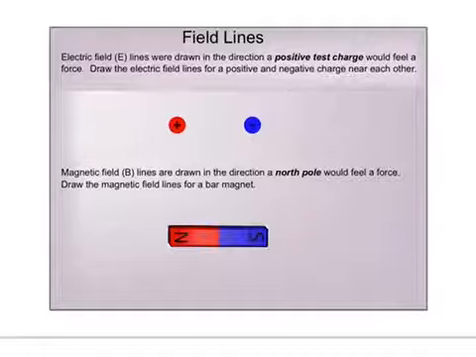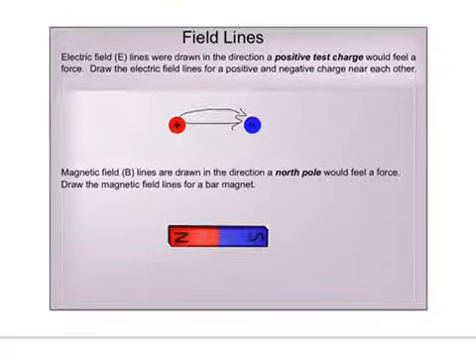The last major thing when it comes to the basics of magnetism are magnetic fields. Just like with electricity, we have electric fields. We always drew electric field lines in the direction that a positive test charge would feel the force. So if you were to draw out the electric field lines between this positive and negative charge, the lines are always going to point in the direction of the negative charge.